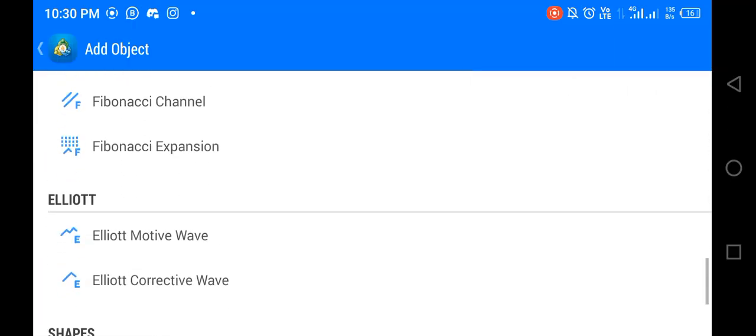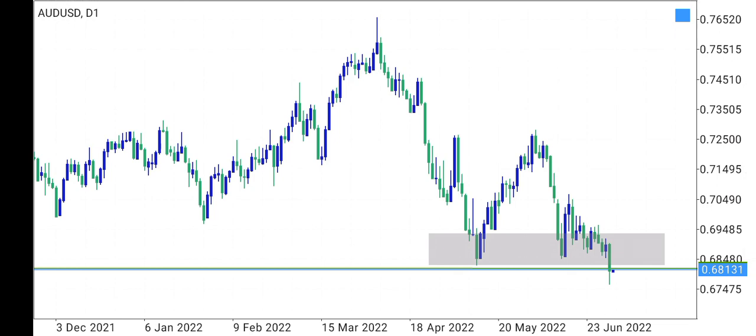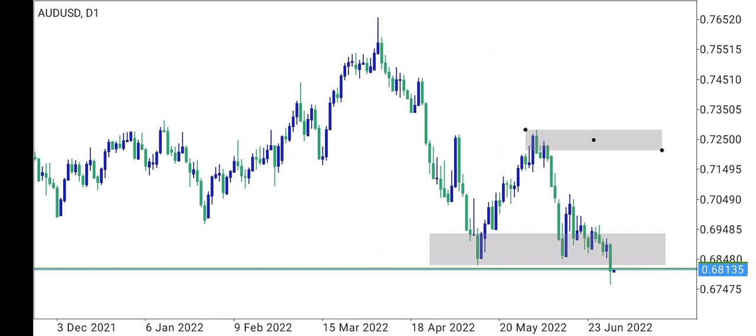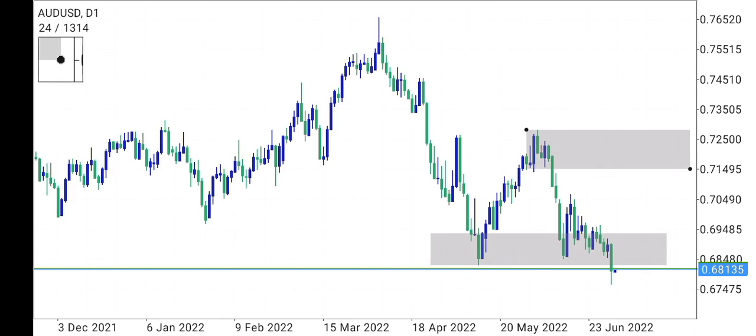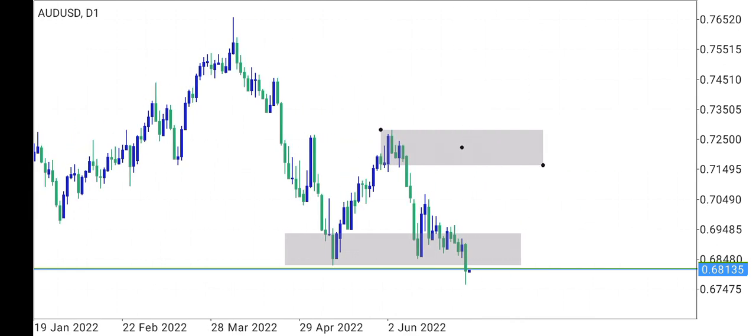Mark out our demand zone. This is the recent high. Can use it as our resistance or supply zone.